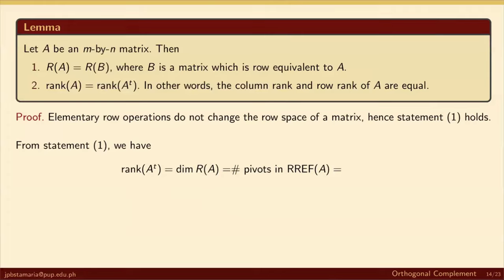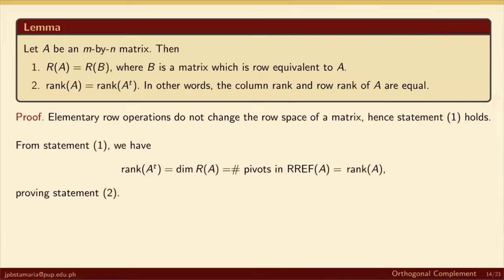And what is the dimension of the row space? Well, we do row reductions, right? So we count the number of pivots in the RREF of A as well. That will also tell us how many rows are linearly independent, and basically that's also the rank of A. And it proves statement number 2.